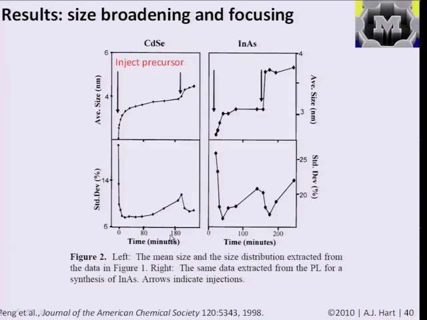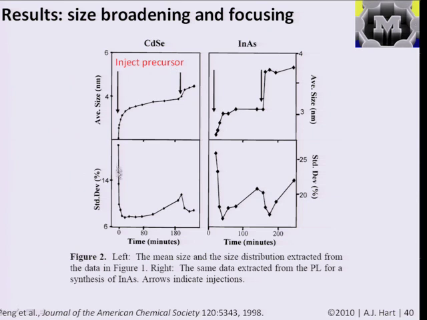And what the paper showed is how the synthesis conditions, the temperature and the concentration of precursor, relate to the average size of the structures versus time and the standard deviation or the size distribution of the structures versus time. And the arrows in these plots indicate the times at which they injected precursor to the system.